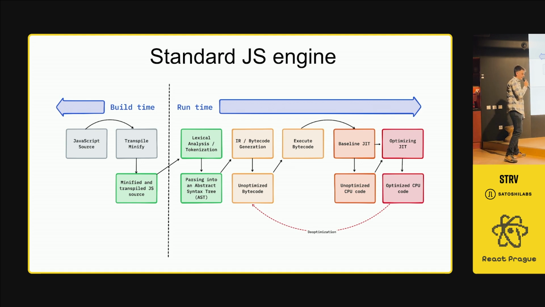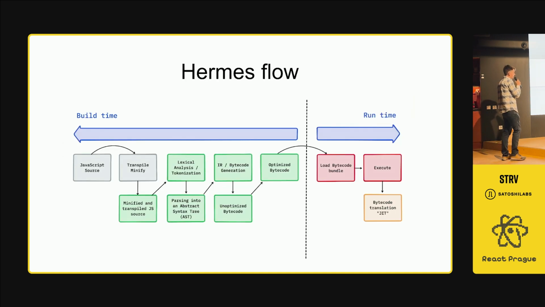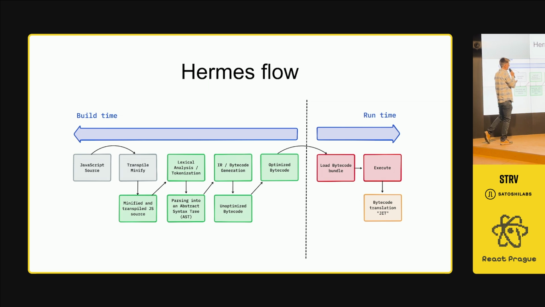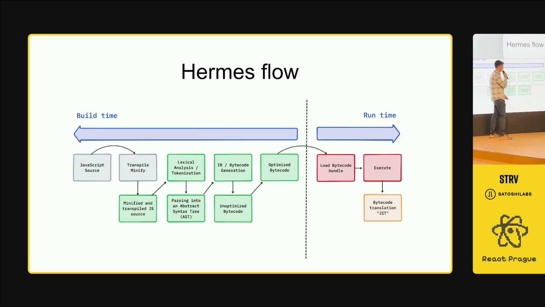So how did Hermes solve this? Hermes moved the line much more to the right side. You can see this is the same: your JavaScript code, TypeScript, transpile, minify, lexical analysis, AST. Bytecode generation is happening during the build time.